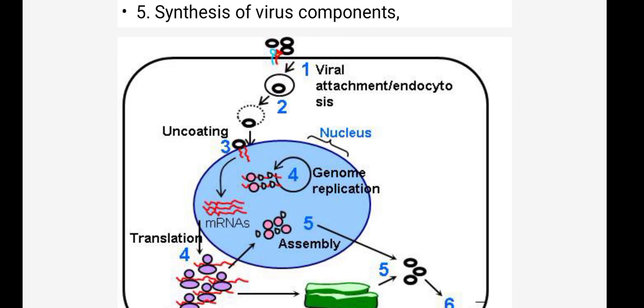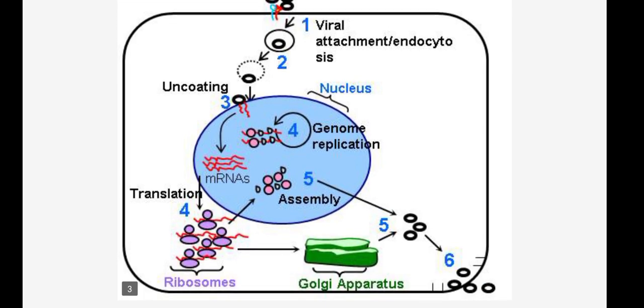Here is the diagrammatic representation of these different stages of virus replication or multiplication. That is the viral attachment, then the process of penetration, then the uncoating, that is the release of viral nucleic acid.